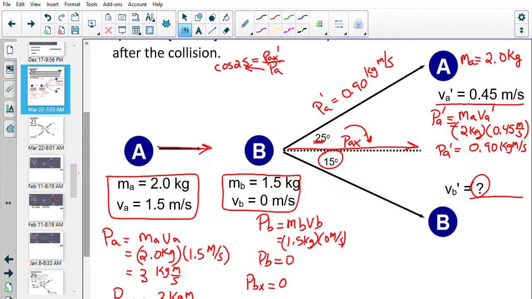So rearranging that, PAX prime is just PA prime times the cos of 25 degrees. So 0.90 kilogram meter per second times cos 25 is going to give me my x component of A after the collision. And that comes out to 0.8157.